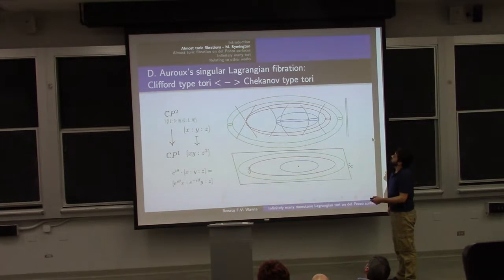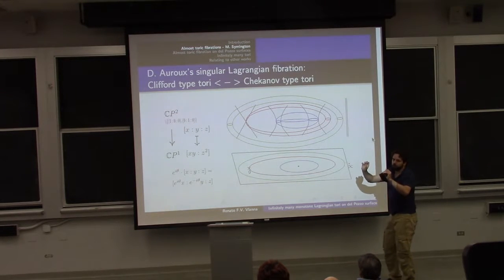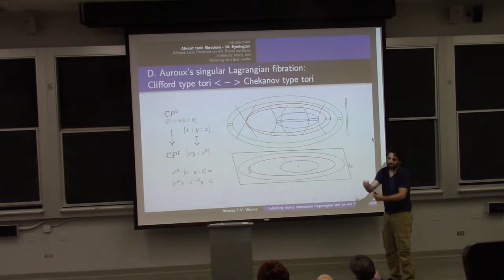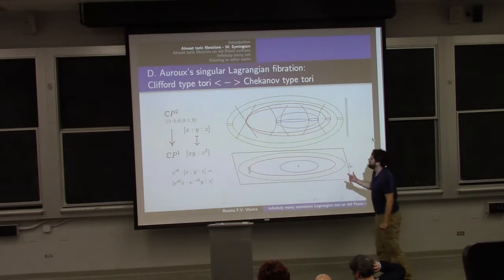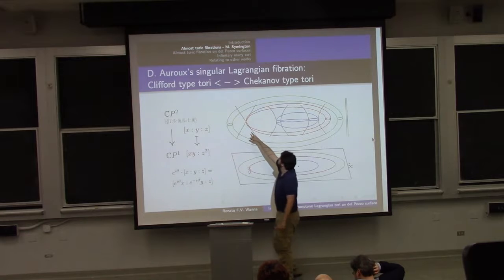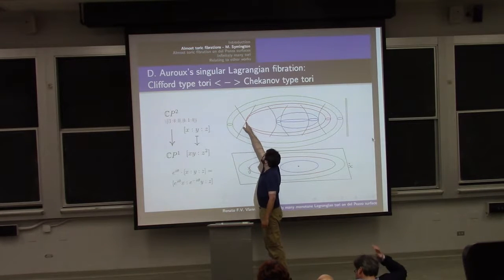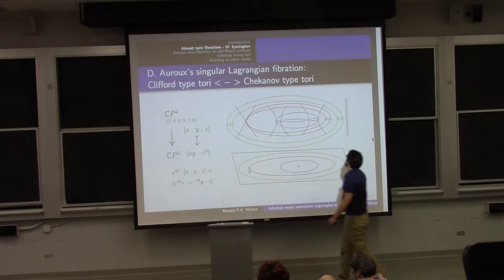So almost toric fibrations allow the same singularities as the toric ones, where we collapse the whole circle or collapse everything to a point, but we also allow a nodal singularity.